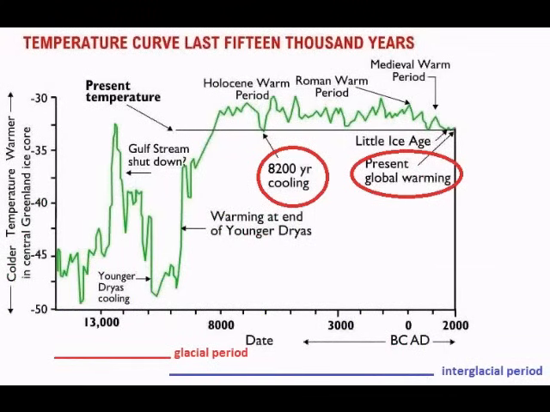A different chart, a different topic, but the same end result. On the right hand side you can see where it's circled present global warming, indicating a time close to where we are right now. The chart is at the lowest point of that line, and that is a good indicator, I think, that we are about now to go back into that glacial period.